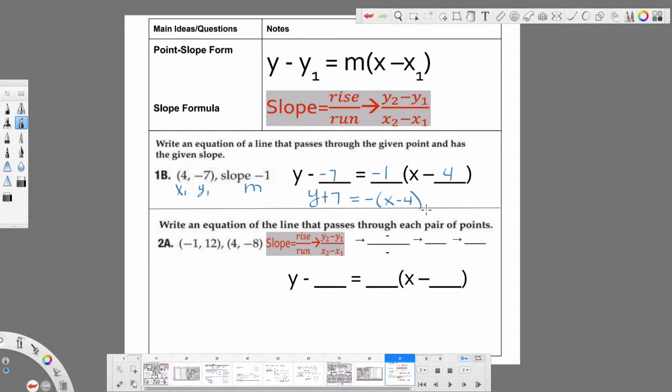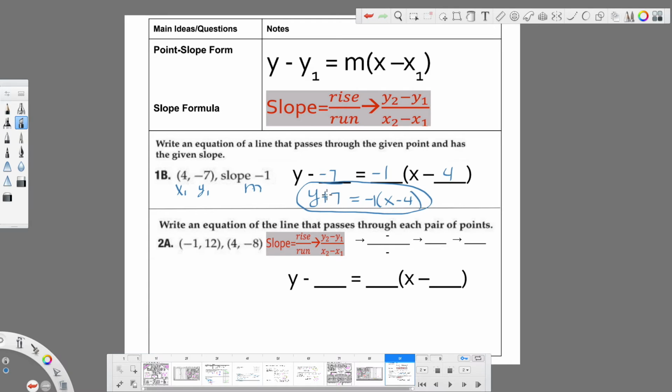It actually might be fine with you leaving the -1 in front, just because it is a negative. So it's a little different than just 1. But dropping the 1 away and just having a negative sign in front of the parentheses also means the same thing. Alrighty, so let's go ahead and look at that next one. So this is the answer. This is an equation of the line.